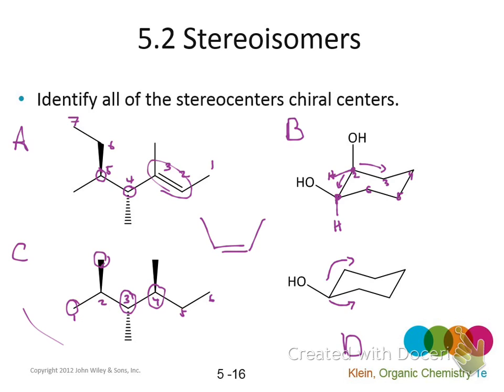Cis and trans always have a different set of physical properties. Chiral molecules almost entirely have the same physical and chemical properties. They're just mirror images of each other. So the properties end up being exactly the same, except when they interact with other chiral molecules.